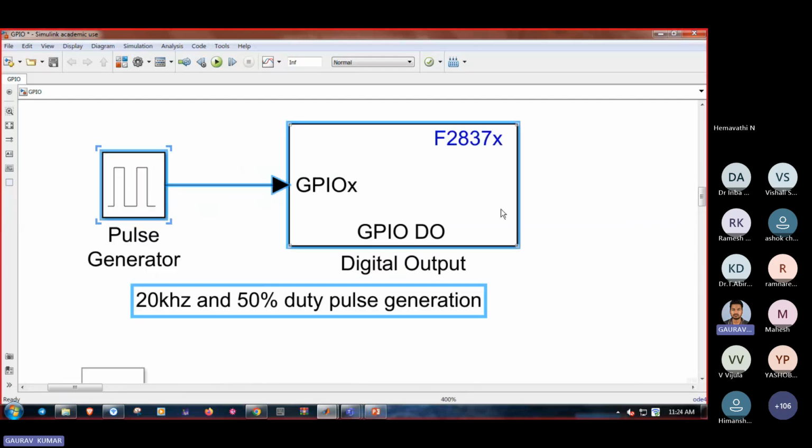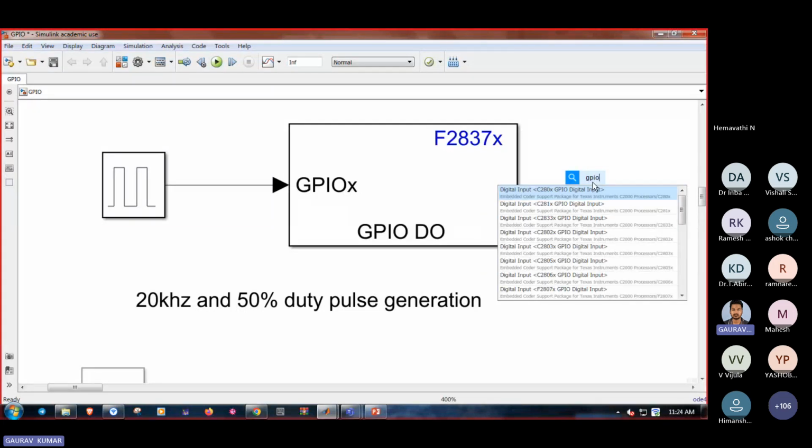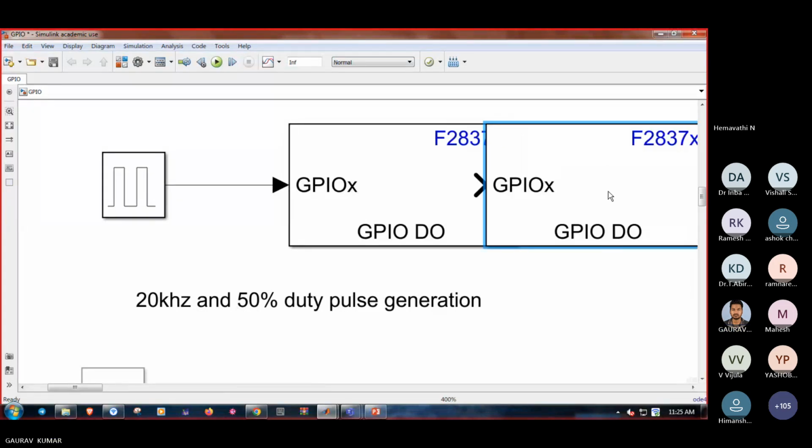Firstly, you have to choose the GPIO pin block, which is GPIO digital output. You can search here for GPIO, digital output, and you have to select the one for F2837xD. Okay, this one.